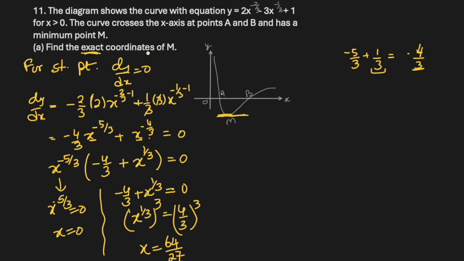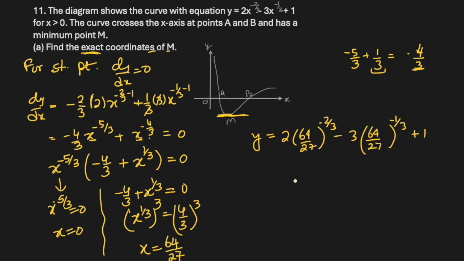Find the exact coordinates of M. That means y is also to be found out. So for y, we will substitute this into the equation here. So 2 and x is 64 over 27 to the power minus 2/3 minus 3 times 64 over 27 to the power minus 1/3 plus 1.